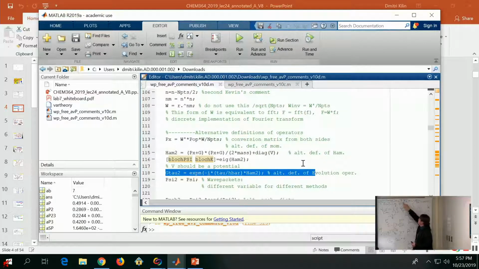If you take the square of this matrix and divide by mass, it will be kinetic energy, which is equivalent to the Hamiltonian for free space. And then you just plug it into an exponential and call it the evolution operator, right?